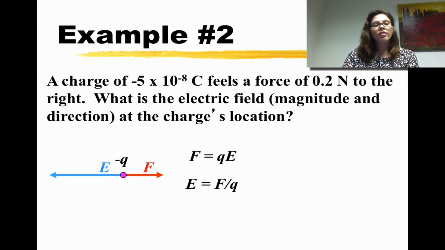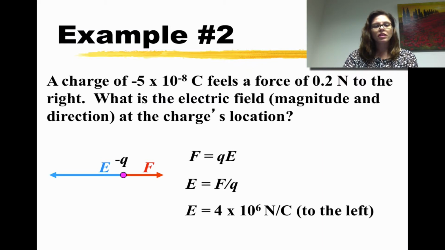So if we solve this for E, E is equal to F divided by Q. We plug in the numbers. Now notice these magnitudes are always positive. The directions are given in either words or by an angle.